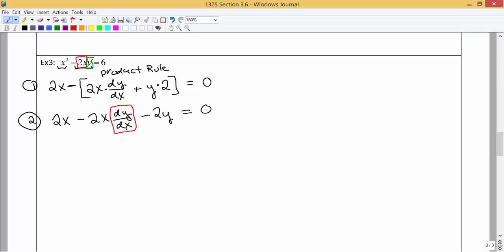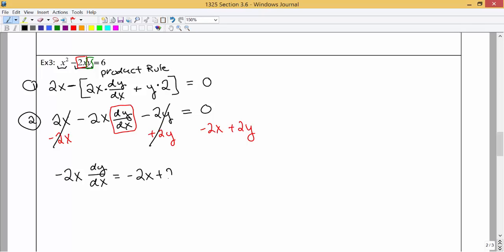So the first step to solving for dy/dx is to move any term that does not have a dy/dx to the other side of the equation. So we're going to subtract 2x and we're going to add 2y to both sides of the equation. So now we have negative 2x dy/dx is equal to, so these terms are going to cancel, we're left with negative 2x plus 2y.